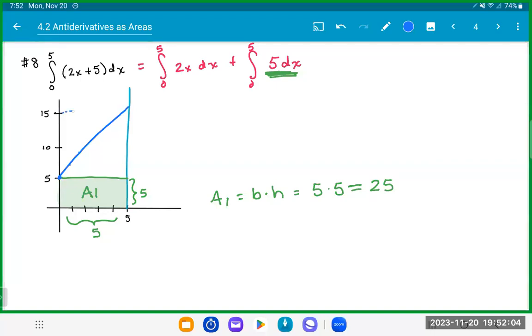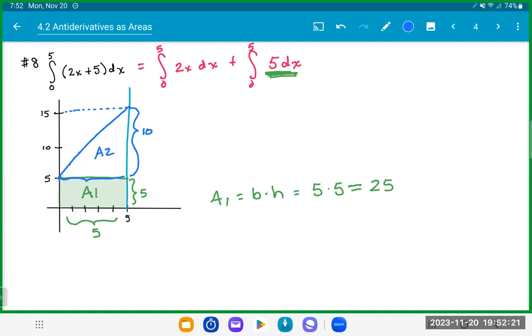So it'll be here at the 15, okay? And so you can see that this height is 10. This space here is still 5, right?